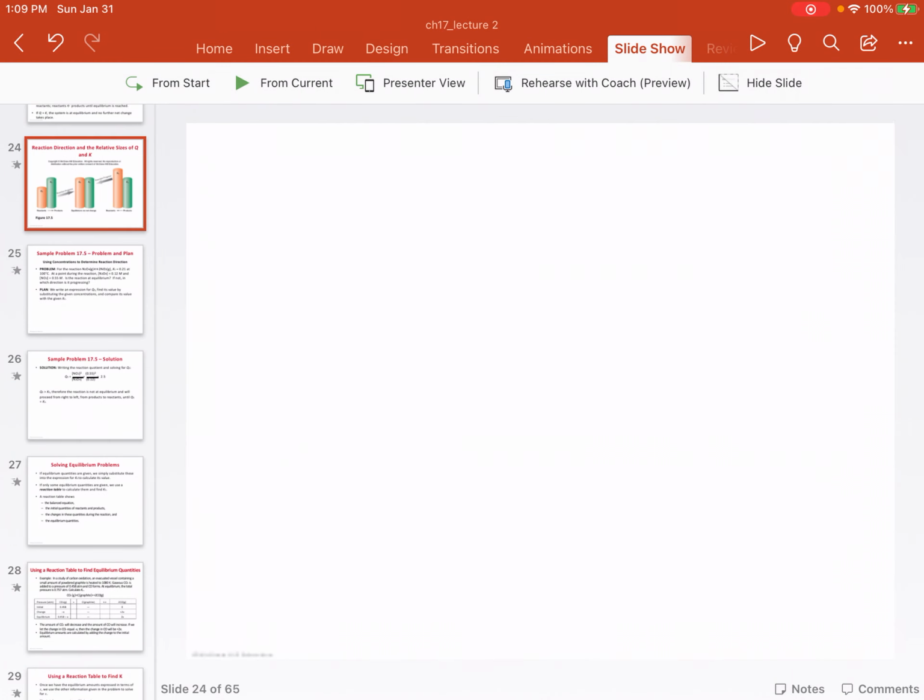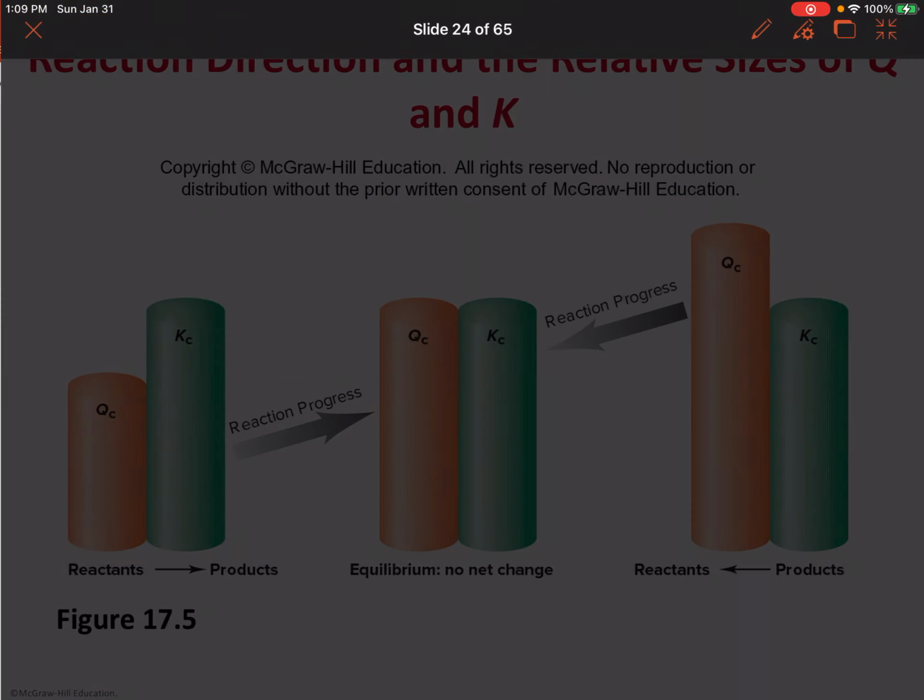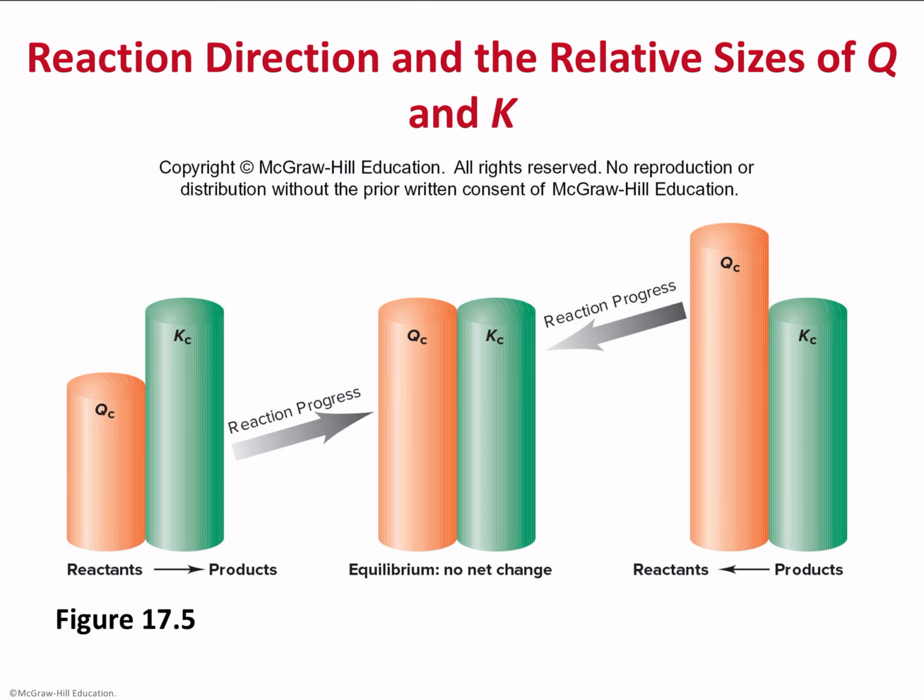And we can also see this in this diagram, reaction direction and the relative sizes of K and Q. Now in this one, Qc is less than Kc. So the reaction will proceed making more products.